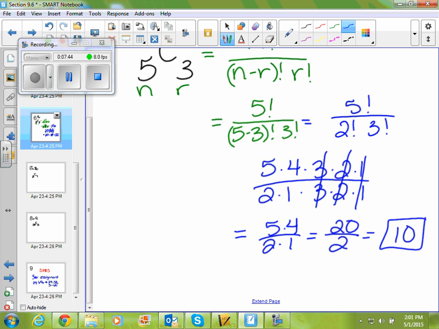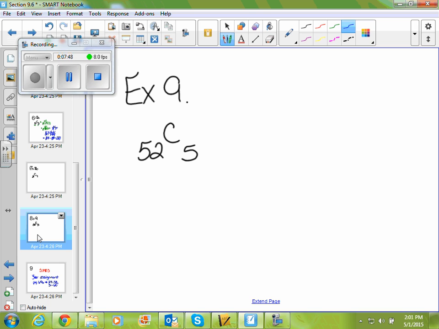All right, you guys want to do one more or 2 more? One more? Okay, let's do this one. All right, so 52 combinate 5. So I end up with n factorial divided by n minus r factorial times r factorial.